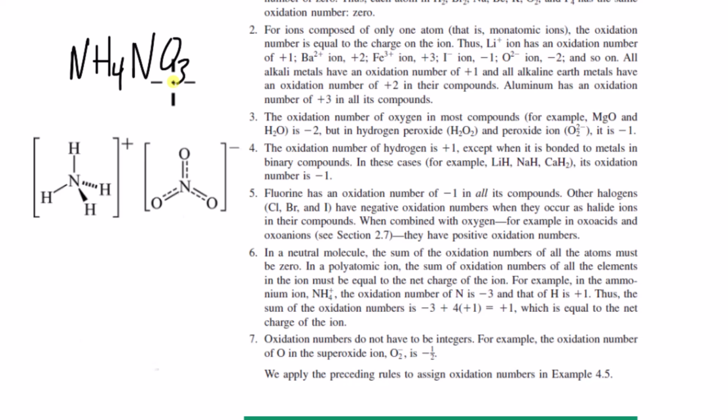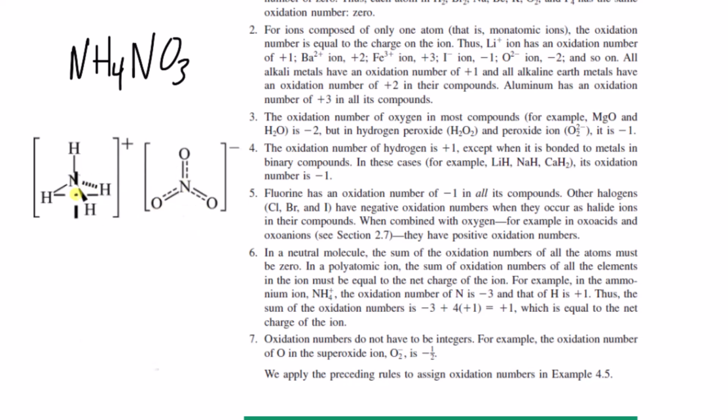Okay, and well, you can see here that ammonium nitrate is an ionic compound, and so with ionic compounds, it's like you have two distinct molecules or compounds in a sense, right? With the two ions. So when you're dealing with an ionic compound, you can sort of assign oxidation numbers to each of these ions independently, in a sense, right?